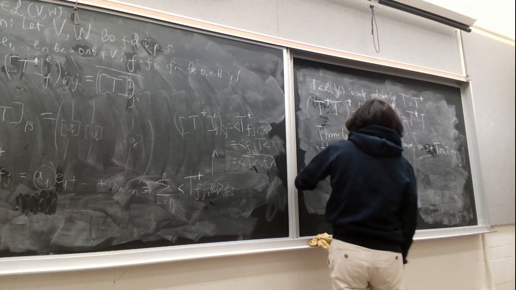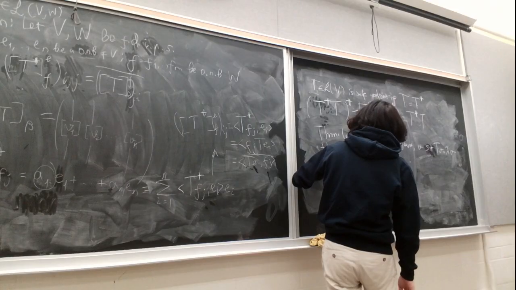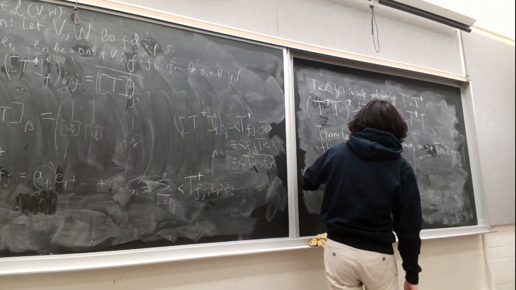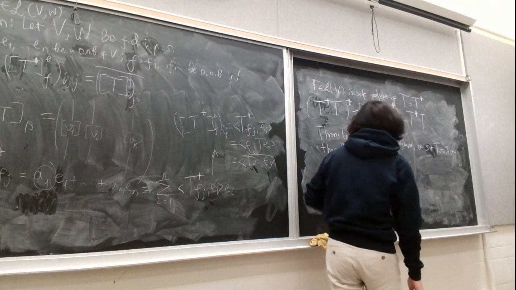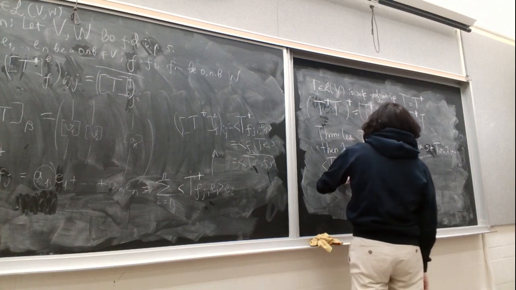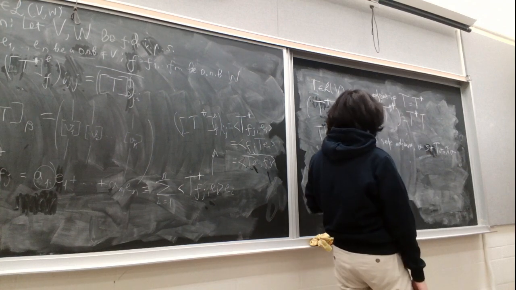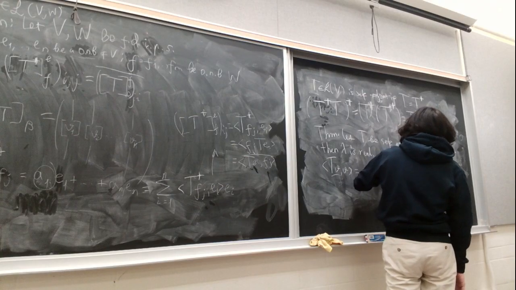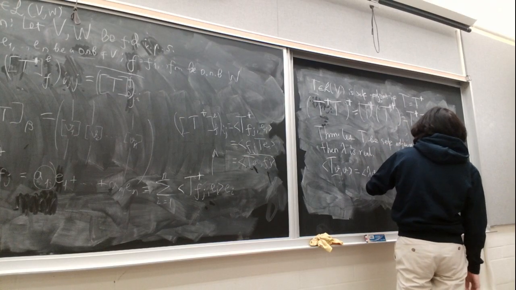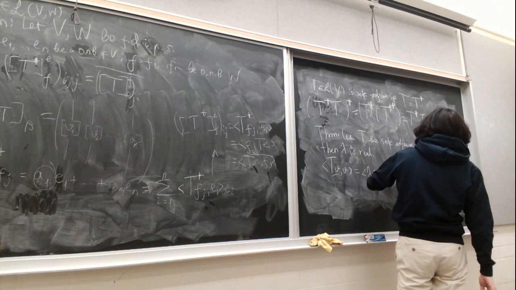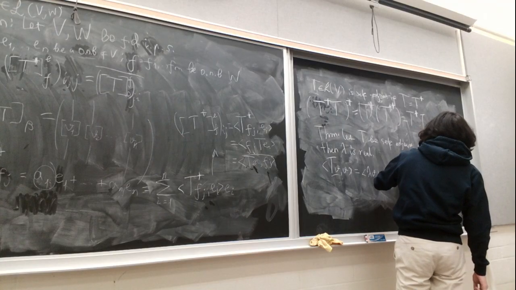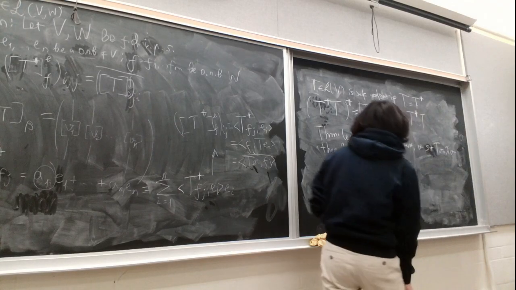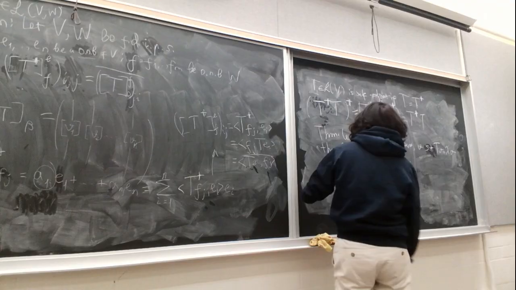Suppose, right? So we consider this inner product. We have that this is equal to lambda v, which is equal to, on the one hand, lambda times the inner product of v with v.